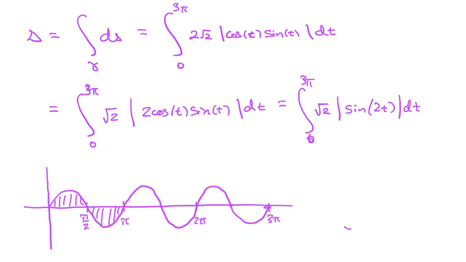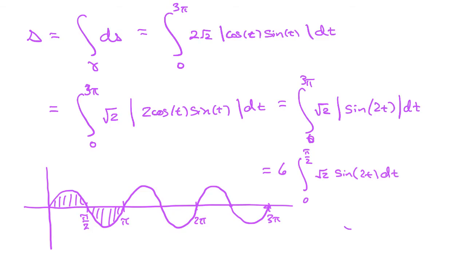Well, 1, 2, 3, 4, 5, 6 different areas. And so this integral will actually be equal to 6 times the integral from 0 to pi over 2 of root 2. And since sine of 2t is positive between 0 and pi over 2, we can drop the absolute value signs and say that this is just the sine of 2t dt.